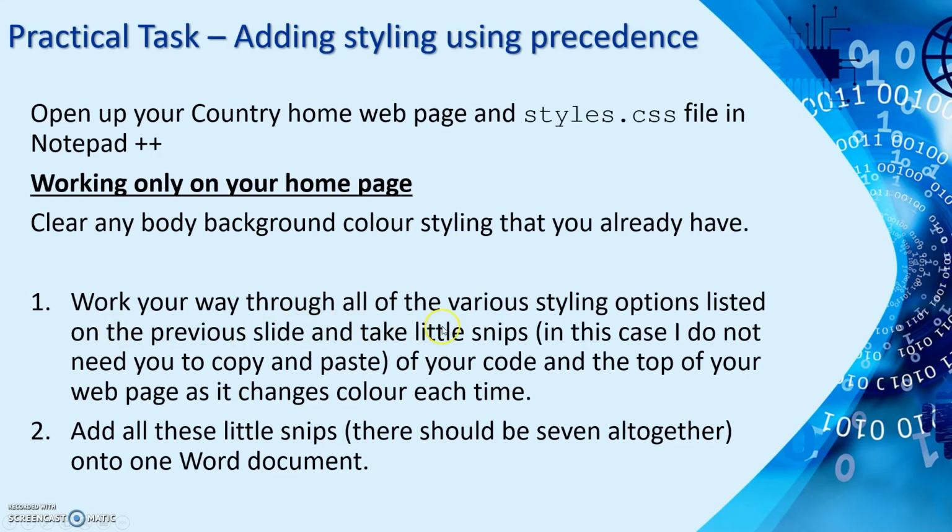And then work your way through all the various styling options listed on the previous slide and take little snips. Now, in this case, I don't want you to just do copy and paste. Just use the snipping tool, take little snips of the relevant bit in your code, and then also a little snip of just the very top of your page, just the wee heading part, showing it changing colour each time. So there'll be sort of one document that'll have all 7.